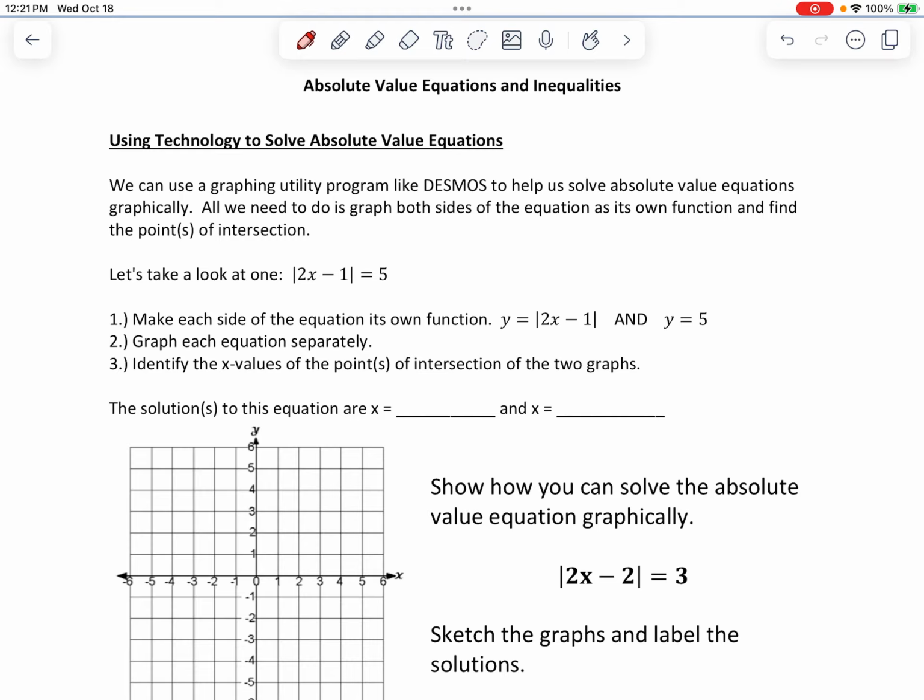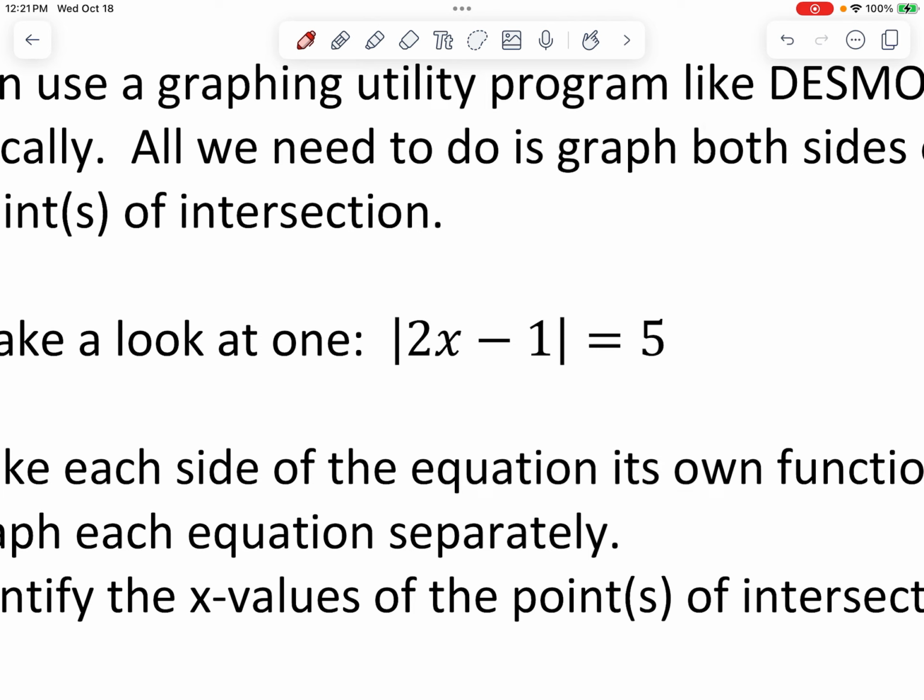All you have to do is take an absolute value equation, like the absolute value of 2x minus 1 equals 5, and split that into two equations, which can be graphed on the Desmos graphing calculator. So if we take the left side, we turn it into the equation y equals the absolute value of 2x minus 1.